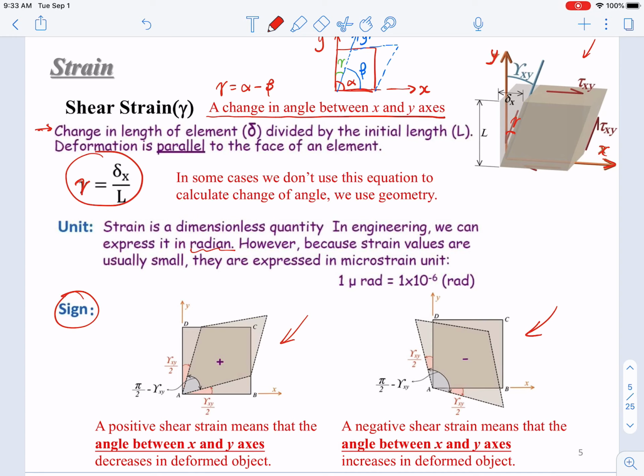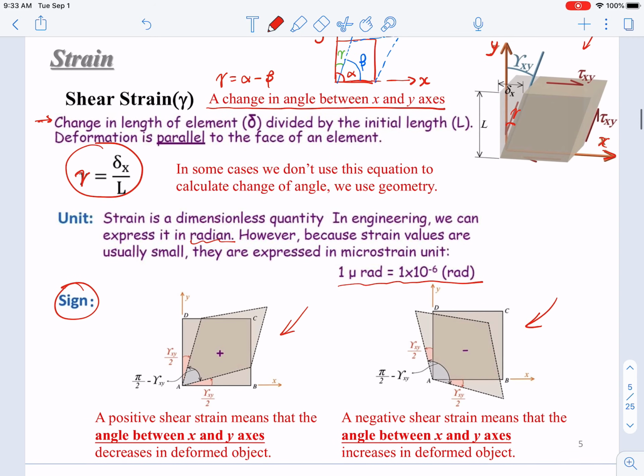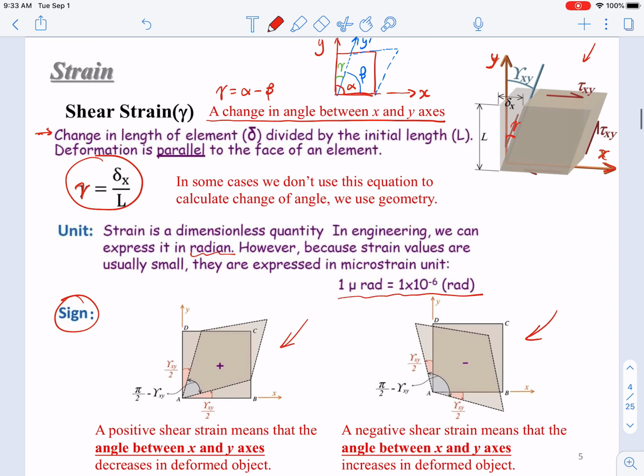Micro radian is 10 to the negative 6 radian. As I said, this is perhaps a little confusing, so let's give you another example to show how we can correctly calculate the shear strain.